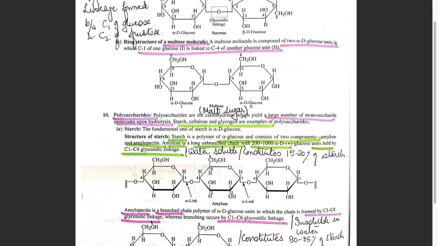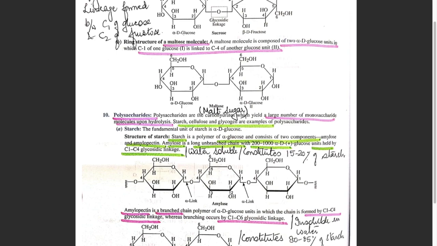Amylopectin, on the other hand, is a branched chain polymer, unlike amylose, which is a linear chain. It comprises 20 to 25 glucose units and contains two types of glycosidic linkages: C1-C4 in the linear chains and C1-C6 in the branchings. It is insoluble in water and constitutes 80 to 85% of starch.